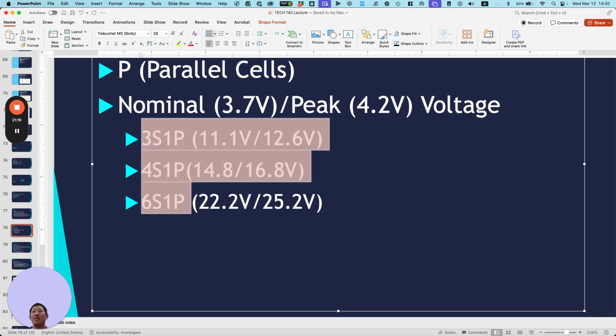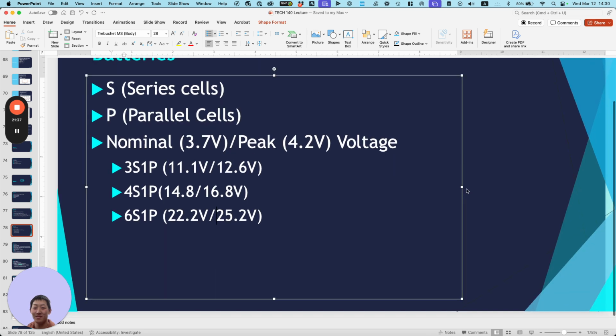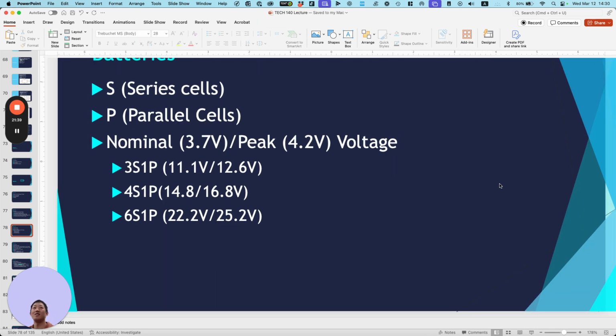Has anyone seen a 5S battery? I personally haven't. You'll see a lot of 1S, 2S, 3S, 4S, and then 6S. I don't know why 5S is not really used, so that's why I skipped it. They exist, it's just that in the drone world, we don't really use 5S that much. It's an interesting observation.